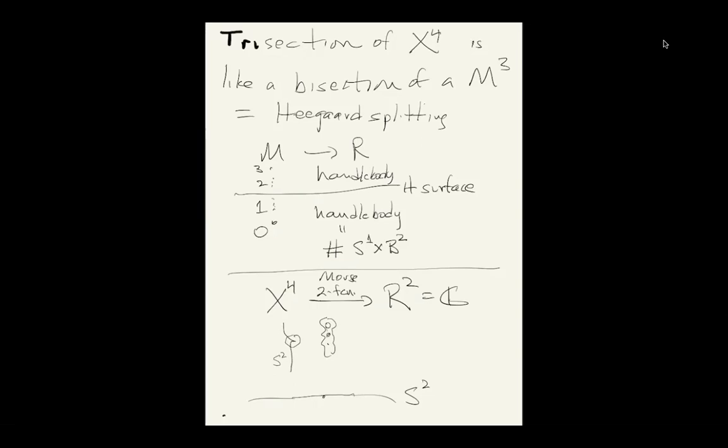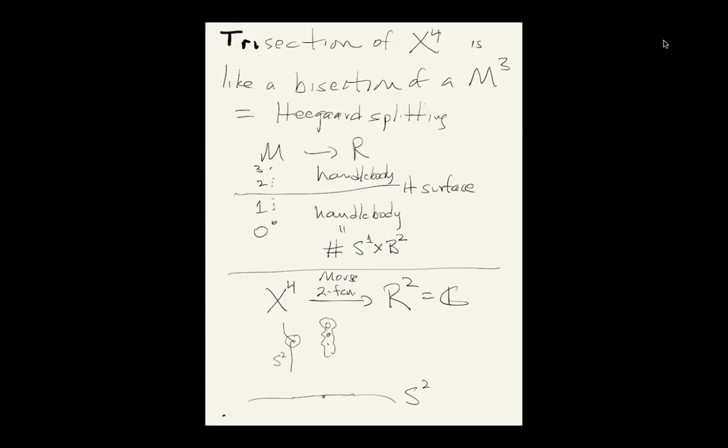So the cone point is the point, and the stuff going into the cone point represents the cone on the trefoil knot, and then the trefoil knot bounds a disk. It's a circle, so it bounds a disk.